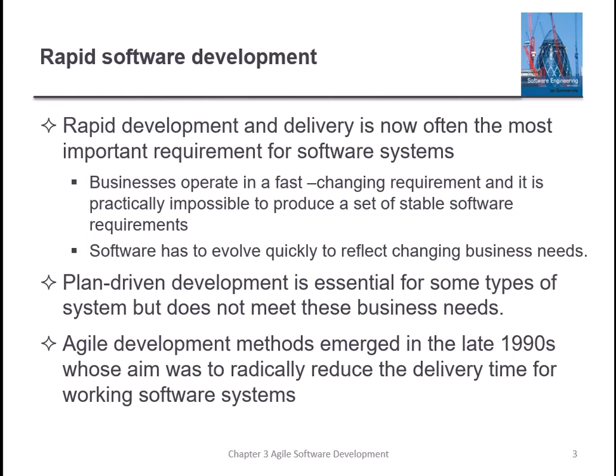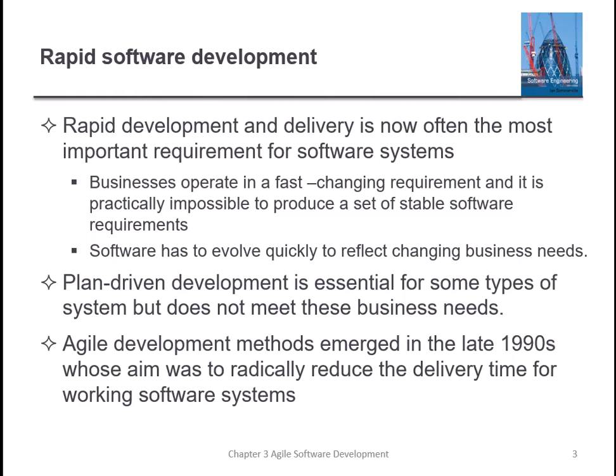Nowadays it is not possible to have a set of stable requirements at the start, when defining or specifying the requirements list. The requirements change over time due to abrupt changes in technology, or due to changing demands or user needs. Software has to evolve quickly to reflect changing business needs.